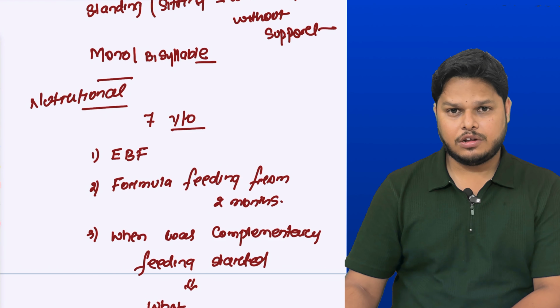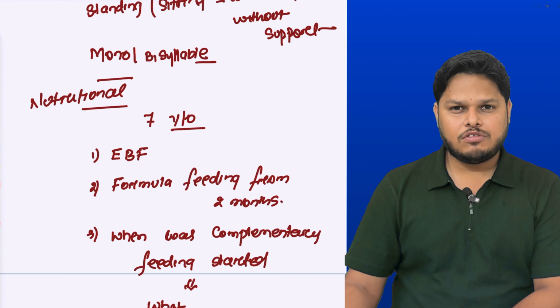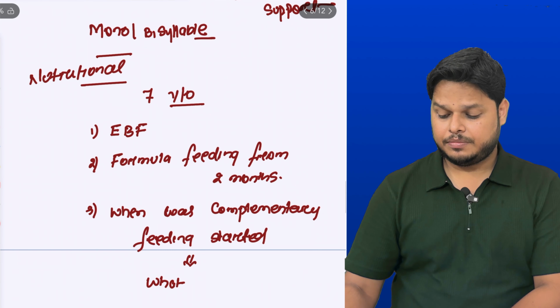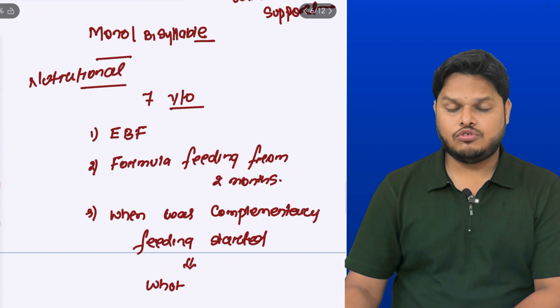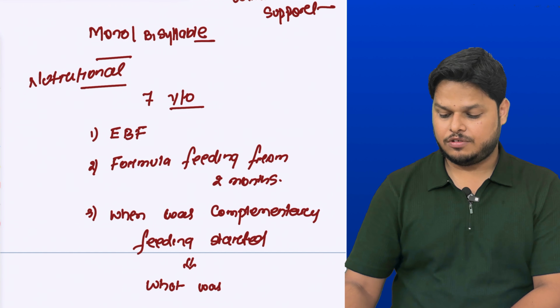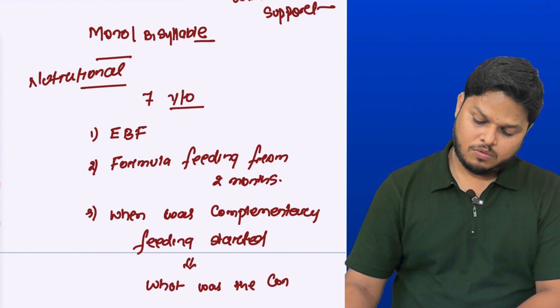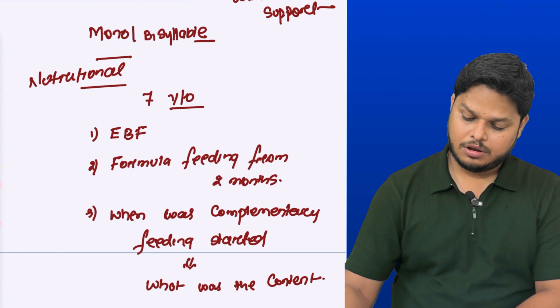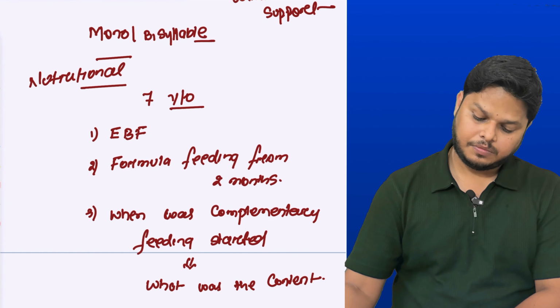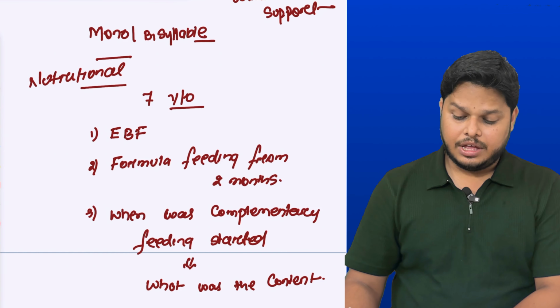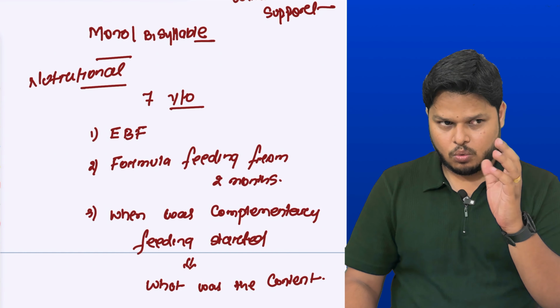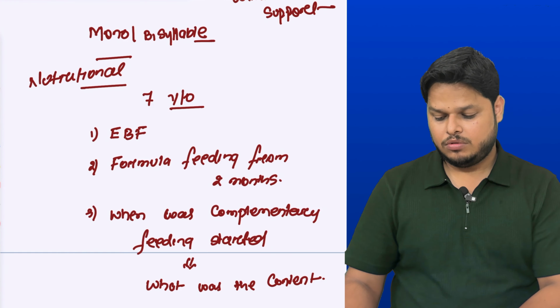Usually complementary feeding consists of homemade semi-solid food, right? That is usually started after 6 months of age. What was the content? Then we ask, now what is the child consuming now?